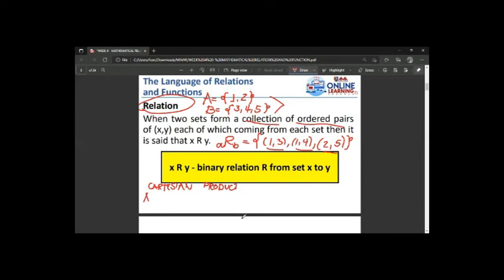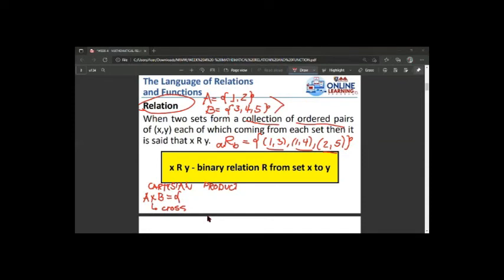Okay. Diba? Ito yung itsura ng Cartesian product A X B. So yung X dito is read as cross. So we read this as A cross B or the Cartesian product of A and B. So paano ba kunin yung Cartesian product? So first, tingnan muna natin kung ano yung set.